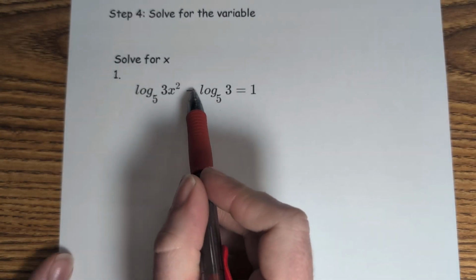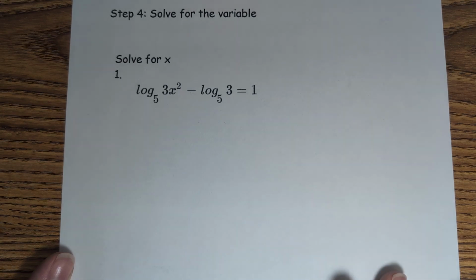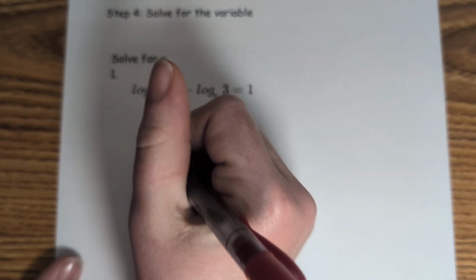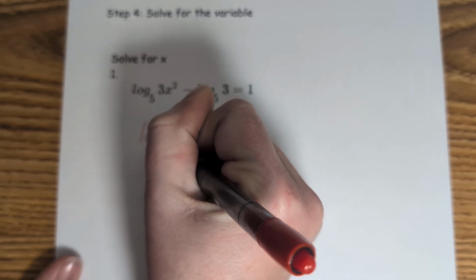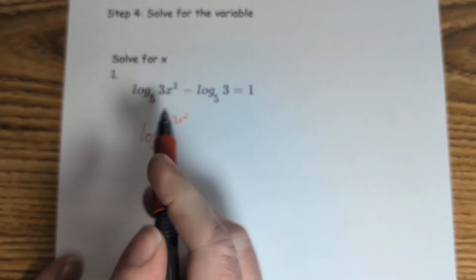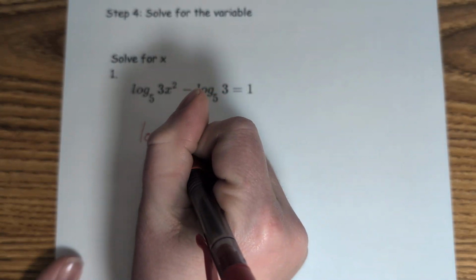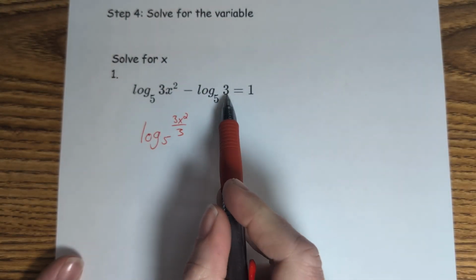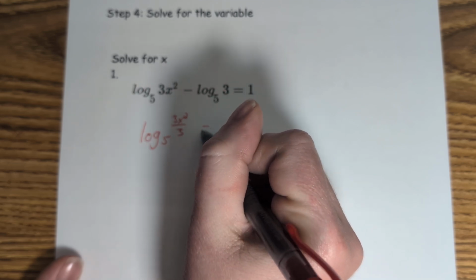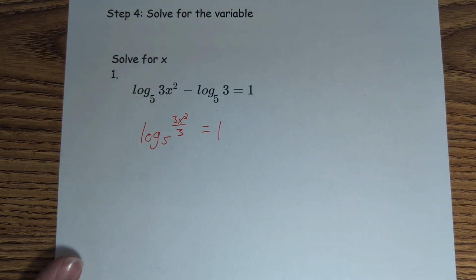Well, I see subtraction, that's going to turn into division in the arguments. So that's going to turn into log base 5. And the 3x squared from here goes on top, and then my 3 from here goes on bottom. So log base 5, 3x squared over 3, still equal to 1.